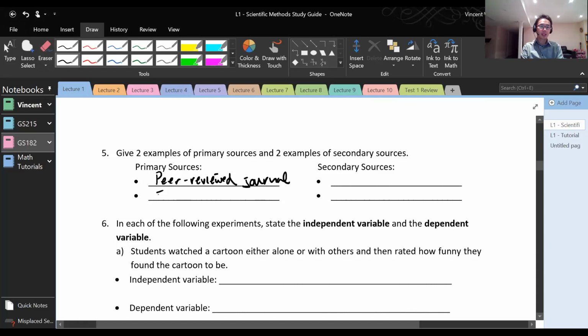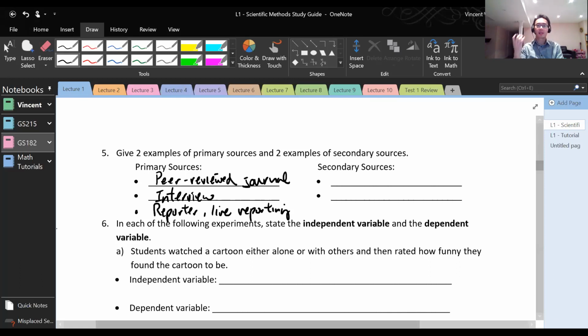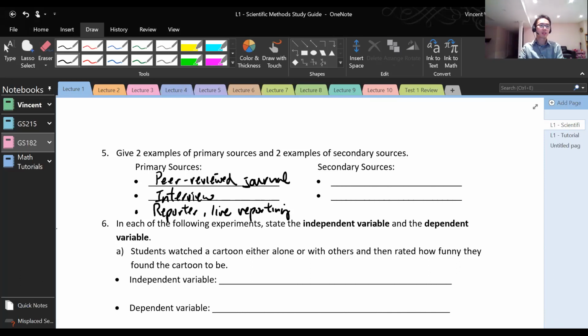Yeah, interview, that is correct. Okay. If there is a reporter doing live reporting, like a journalist doing live reporting at the scene of a car accident, perhaps, right? That is a primary source.